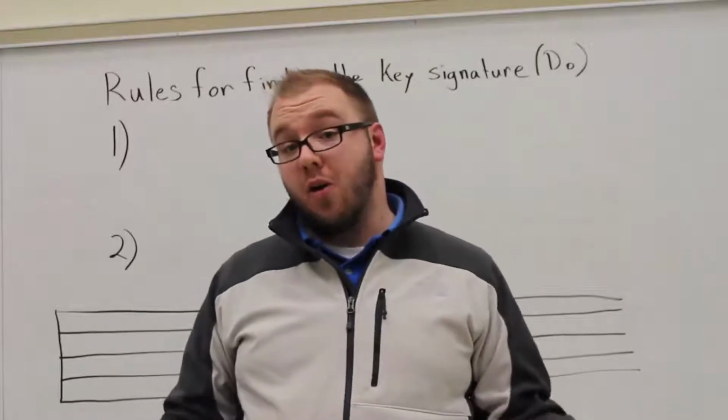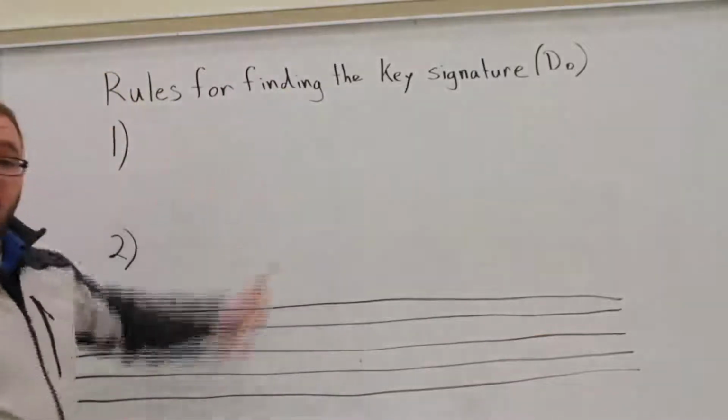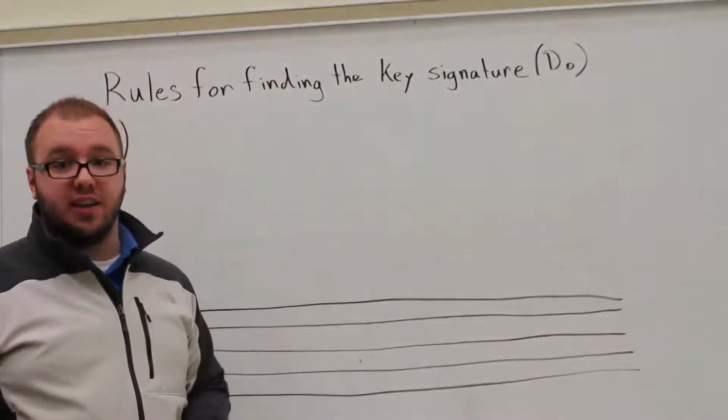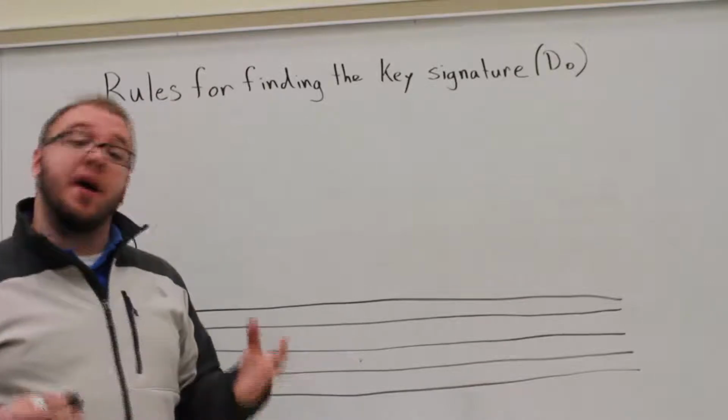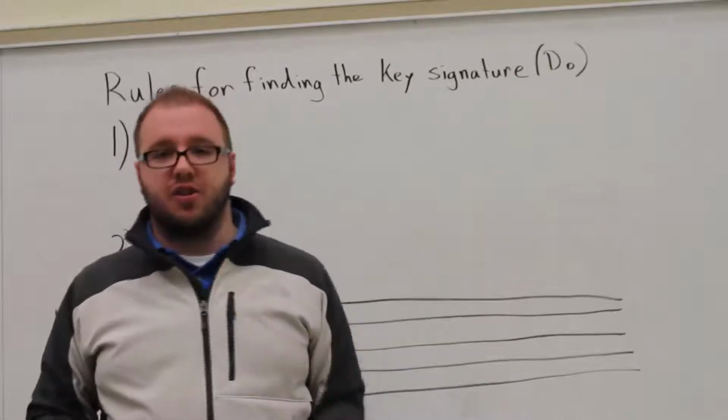All right, now to figure out the key signature, we need rules. In flats, there are two rules, and when we get to sharps, there's another rule.